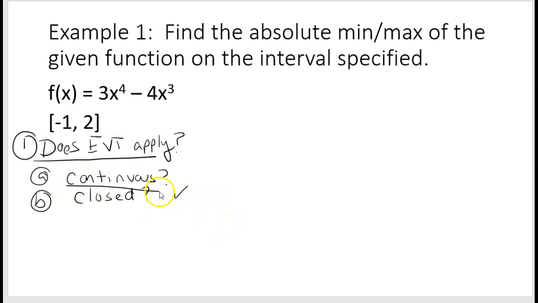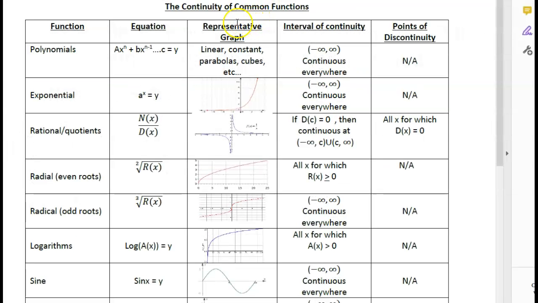But is it continuous? Well, to answer that, we need to go back to that little worksheet that we had way back in Unit 3 called the Continuity of Common Functions. So there's my function. And what we want to do is look at that worksheet and find out what kind of function we're dealing with. It turns out that the one we're working with right now is a polynomial. And when it comes to polynomials, they're continuous everywhere.